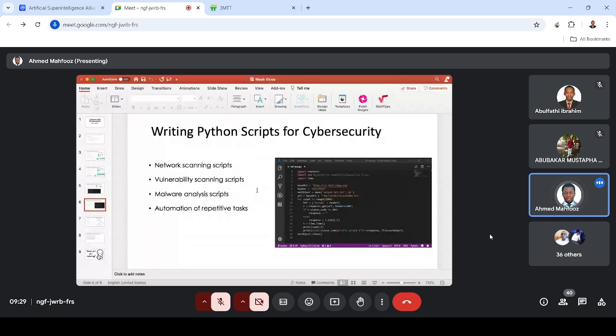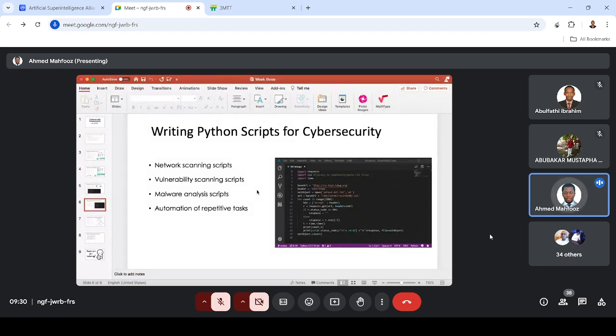We can write a script to scan our network, to know who is joining the network and who is on the network. We can write a simple script for that in Python. We can also write a script for vulnerability scanning. We can write a simple script in Python to see what potential attacks we are receiving on our network.